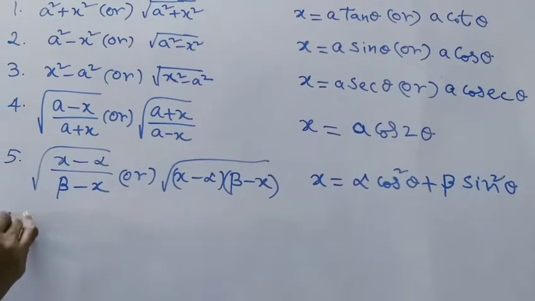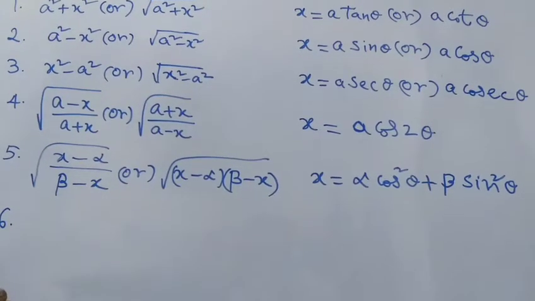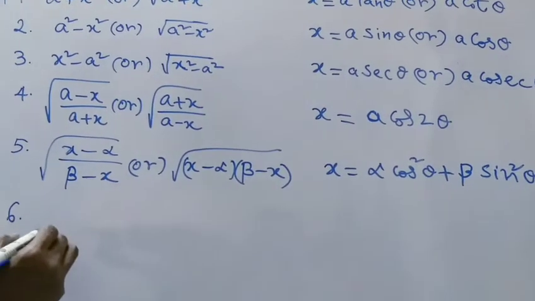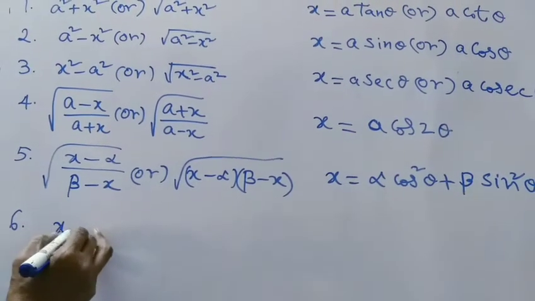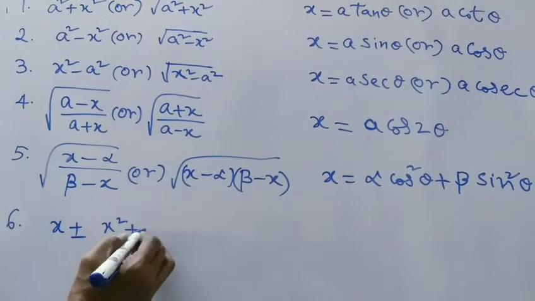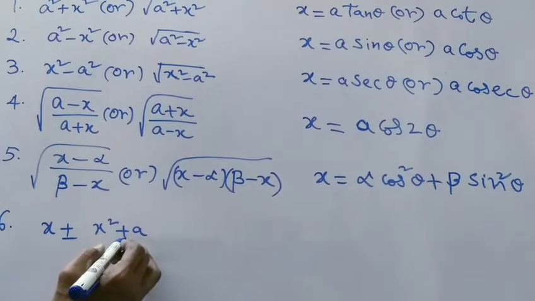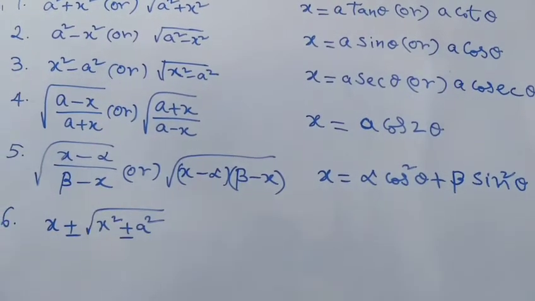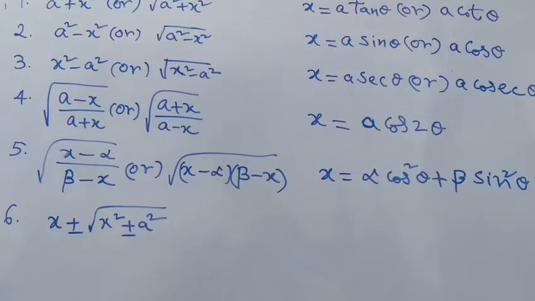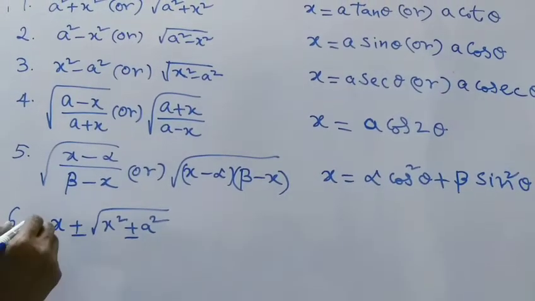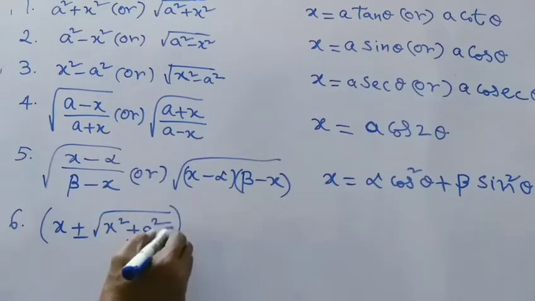Now next one, sixth one, the expression is x plus or minus square root of x square plus or minus a square, whole to the power of n.